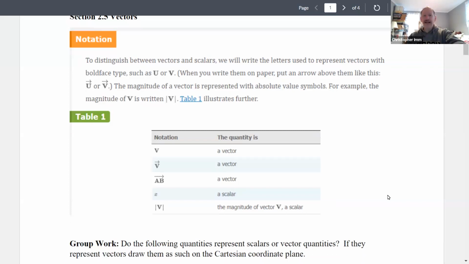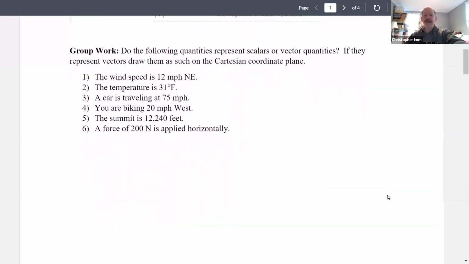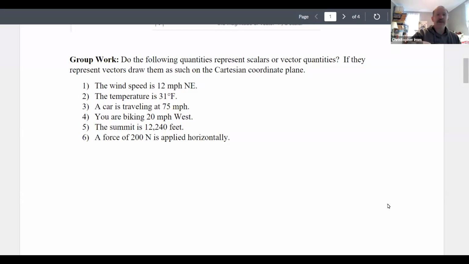Let's go ahead and check out a few examples here of vectors and non-vectors. So when we're looking at these, we have the wind speed is 12 miles per hour northwest. This is a vector quantity because it lists not only a speed, which would be the magnitude, but a direction.